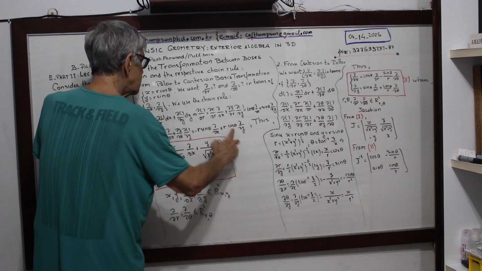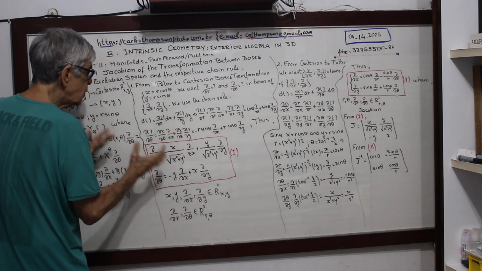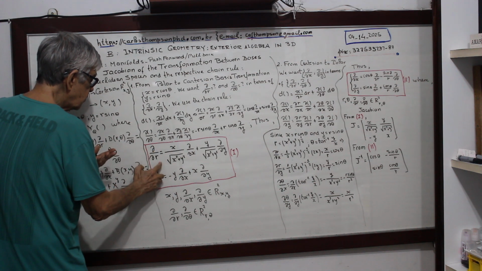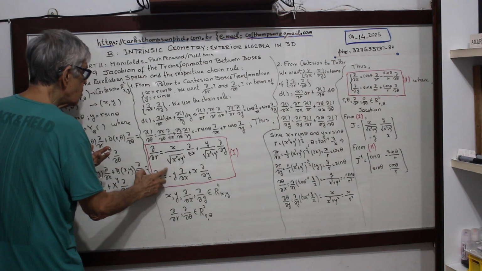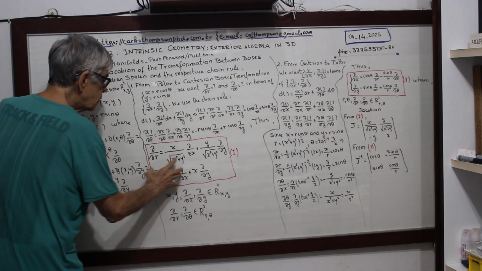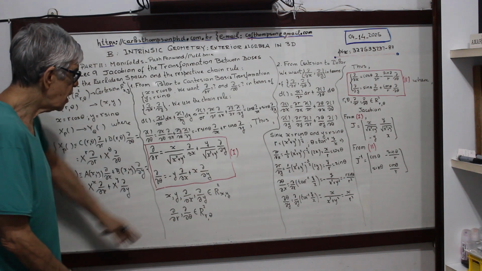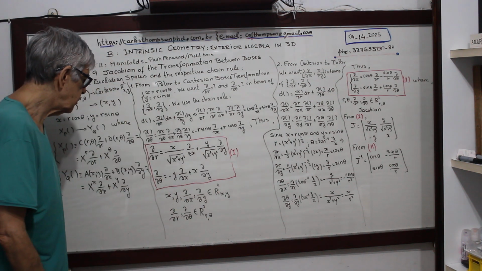This is x and this is y. Now, easily you can relate the basis that belongs to the polar coordinates to the basis that belongs to the Cartesian. I call this 1.